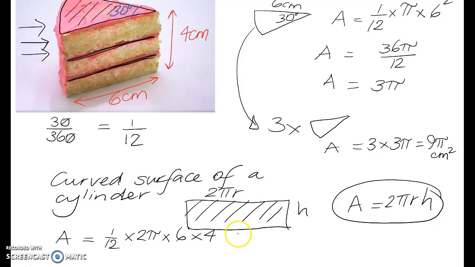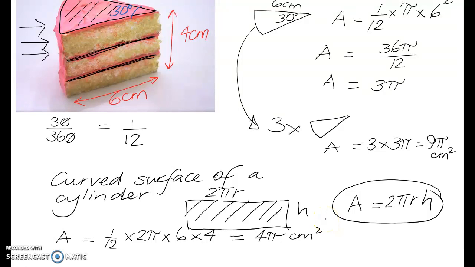And we can simplify that. So 6 times 4 is 24. I need to divide that by 12 and times by 2. So that's 4 pi. Just check the arithmetic if you're not sure. 2 times 6 times 4 divided by 12 should be 4. And the pi remains in there because I'm doing it exact at the moment. So that is what comes from our curved surface.